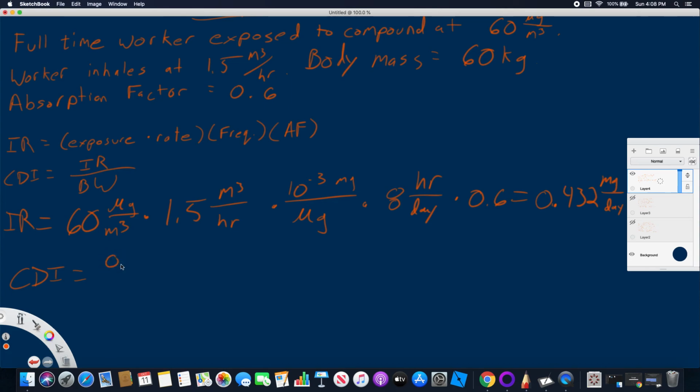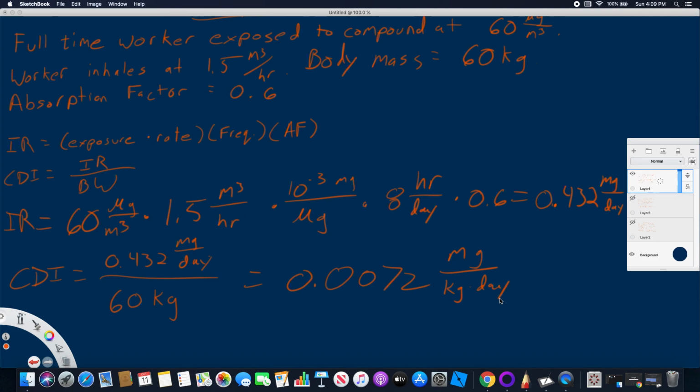So if we take our intake rate and divide it by our worker's body mass, then we have a CDI of 0.0072 milligrams per kilogram day.